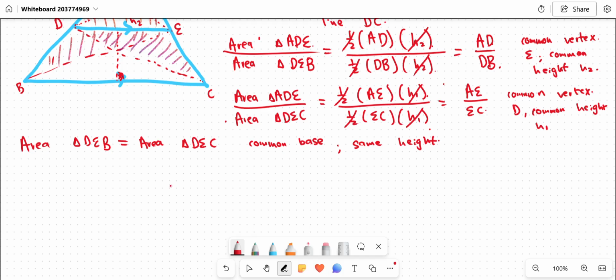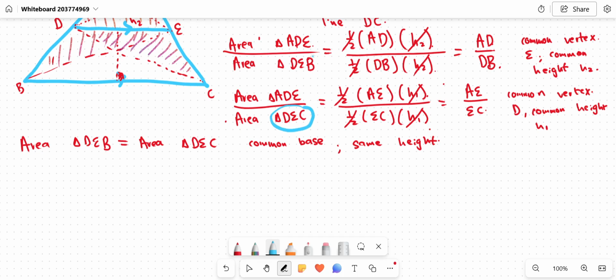Now with that being said, this tells me that these areas here at the bottom are in fact the same as each other. So I can make these equations equal to each other because the top is already the same. We clearly can see that those top guys are the same, and so the bottom guys are also going to be the same. Well, I've just proven that they're the same.